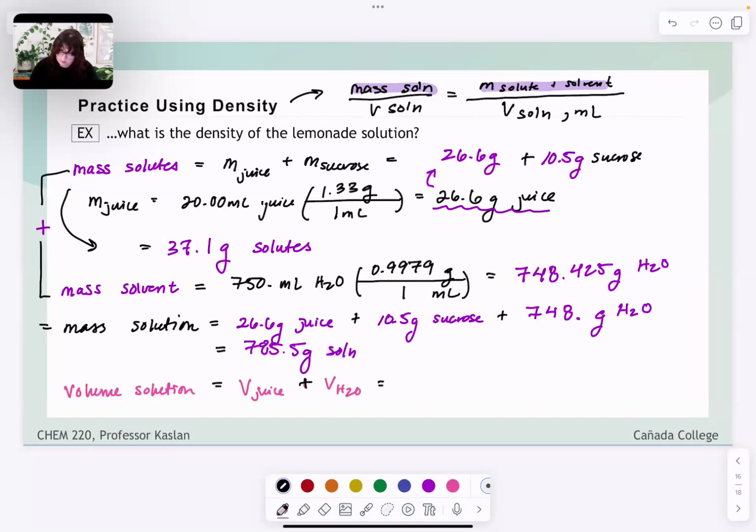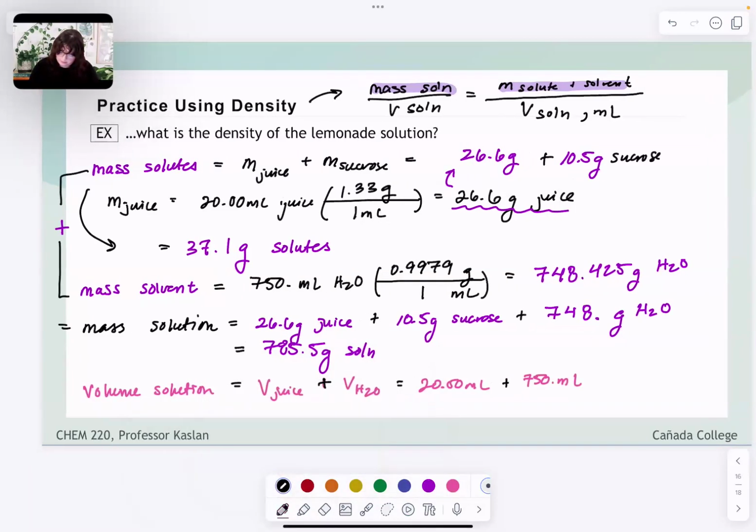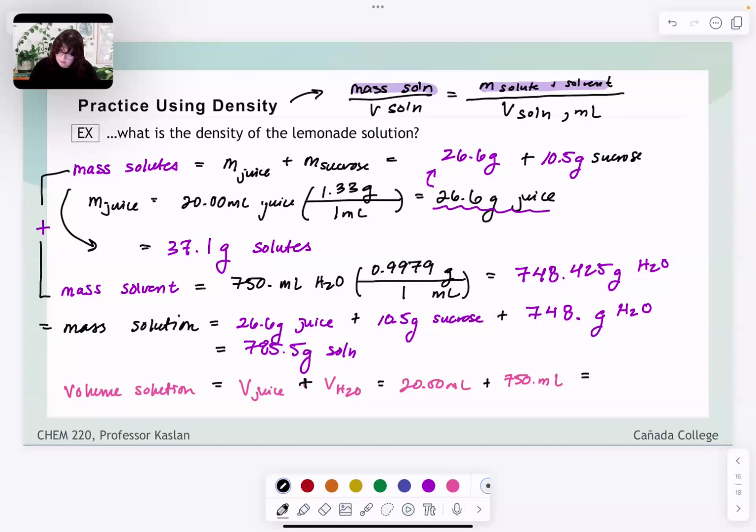For our juice, I believe it was 20.00 milliliters, and our water was our 750 milliliters. So this gives us 770 milliliters.